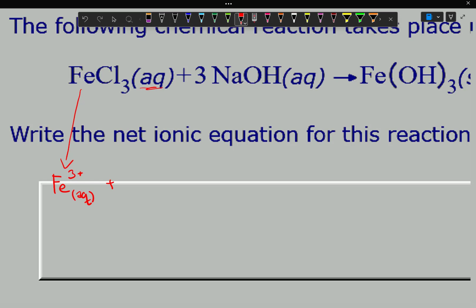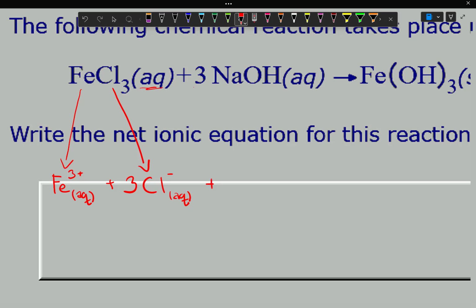And this chloride, which has a -1 charge, is going to be split into its anion, and notice that there are 3 of them. So this 3 becomes our coefficient. So there's 3 chloride anions.